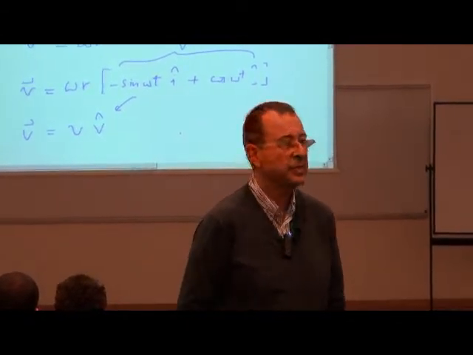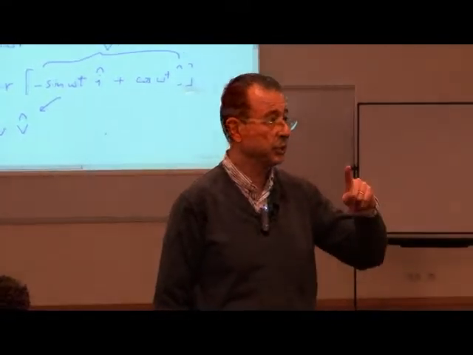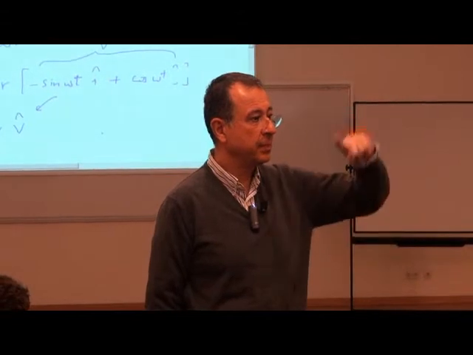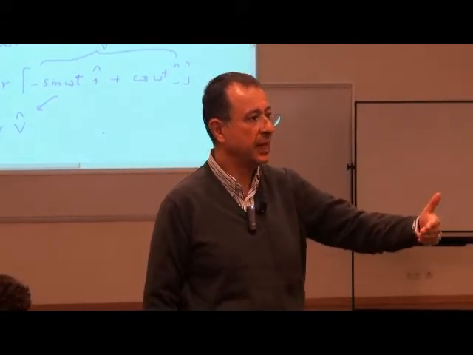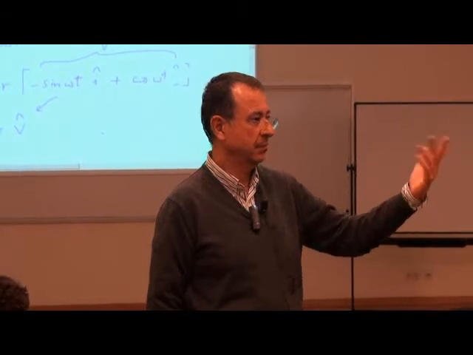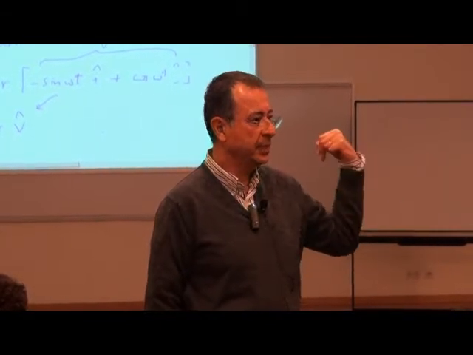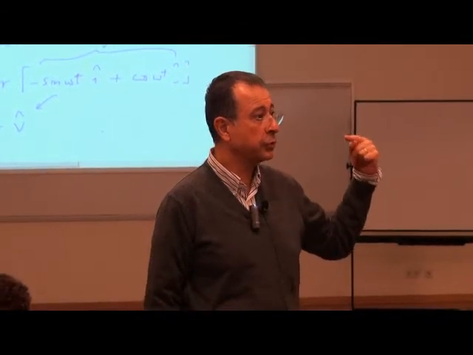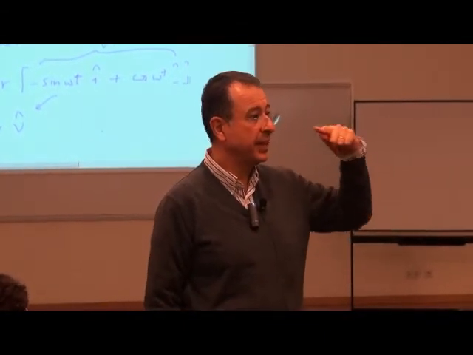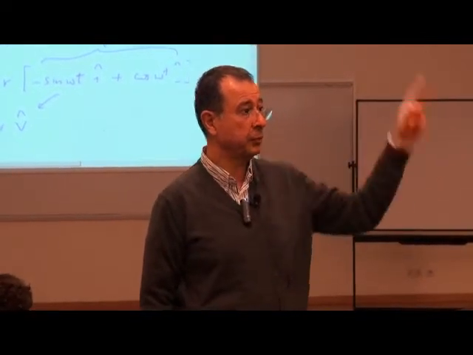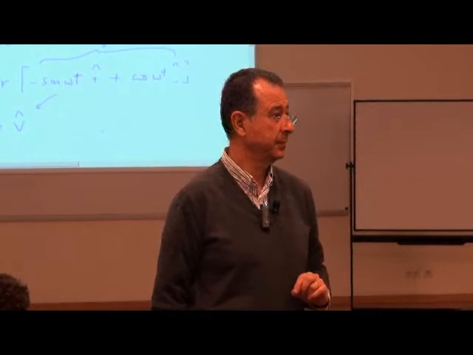Remember, I calculated what's the speed for uniform circular motion. If it goes 2 pi r in one period, in the last lecture we derived that the speed must be omega times r, physically. And here, of course, we find that. Speed is omega r. But as a bonus, we also find what is the direction. At any time t, what is the direction of the vector. Now I'll make a picture of the vector and I'll show you the direction.